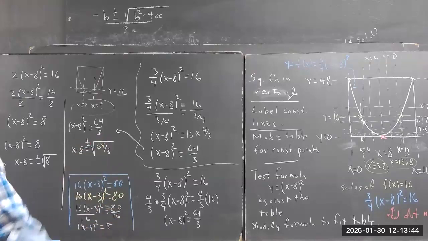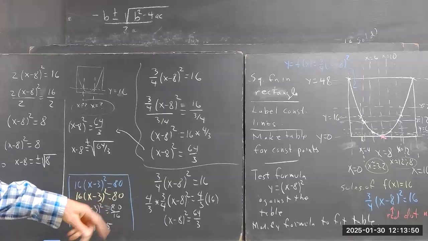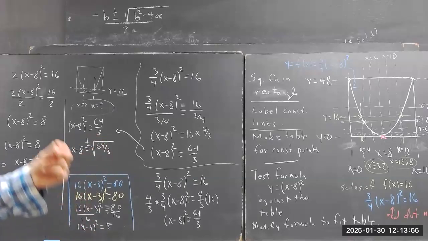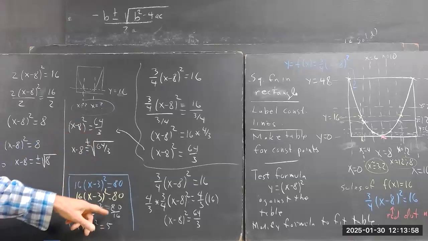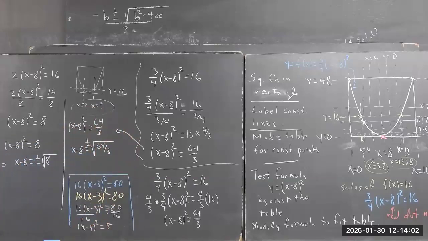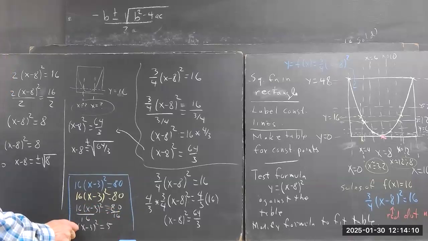You divide 16 into 80. If you want to keep it 80 over 16, you can, although I prefer you reduce it to lowest terms. By the time you get it down to lowest terms, you're going to get 5. Still, if you want to say square root of 80 over 16, something to put in your calculator, get the right number. I'll live with it for right now. I just want to see the algebra steps. But I'd like you to still do as much of the arithmetic as you can.